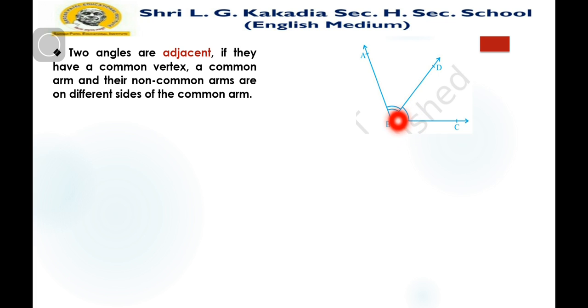Angle ABC equals angle ABD plus angle DBC. So both are adjacent angles.